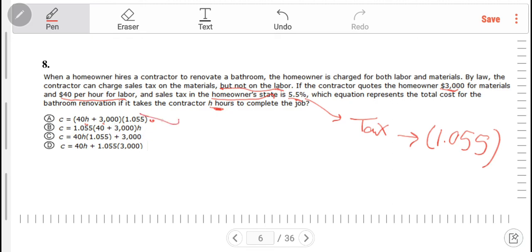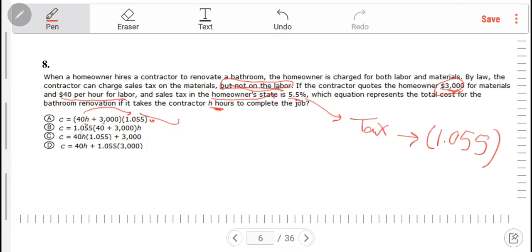Very easy, right or wrong? No, I think $3,000 only contains tax, but the labor hours are without tax, right? So 40H is never multiplied by 1.055.